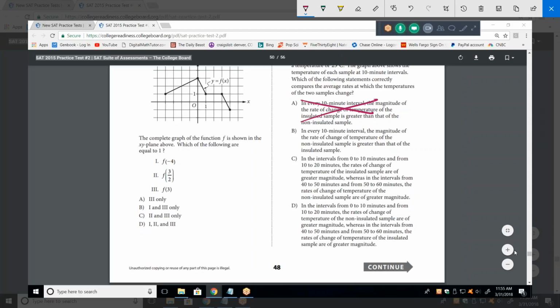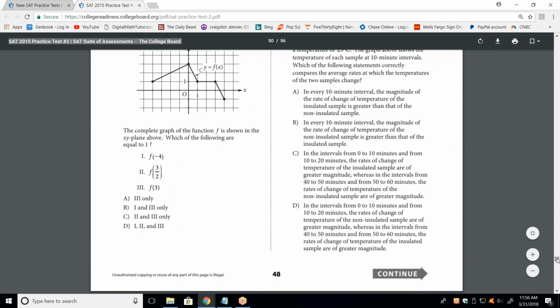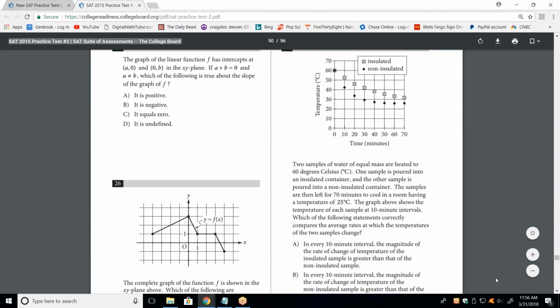In every 10-minute interval, the magnitude of the rate of change of the non-insulated is greater than that of the insulated. That one's right. That sounds right. And because it's such a long problem, I'm not sure I even spend time on the other two. Because B is correct for sure. If I go back and look at that picture, they said the magnitude of the rate of change.